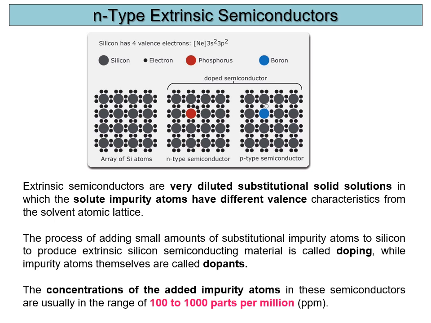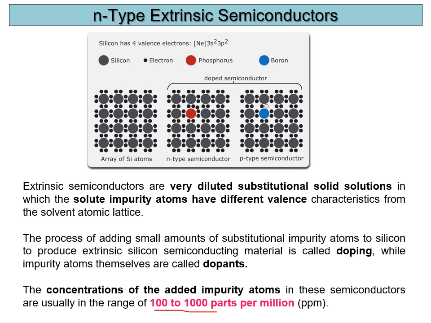The concentrations of the added impurity atoms in these semiconductors are usually in the range of 100 to 1000 parts per million. So that is very small, the doping quantity is very small.